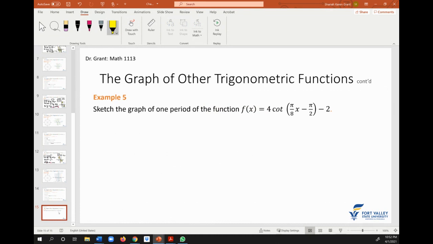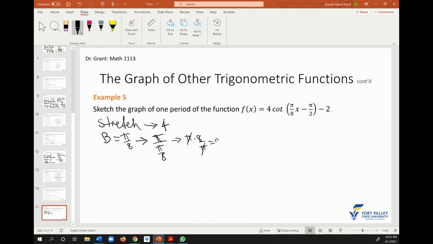So, of course, let's go through and figure out each of our little components. Our stretch, that's going to be 4. My b, that's pi over 8. So that tells me that my period is going to be pi over b, or 8.